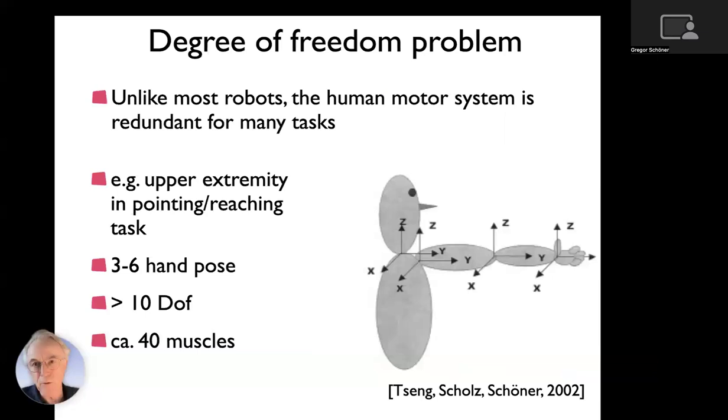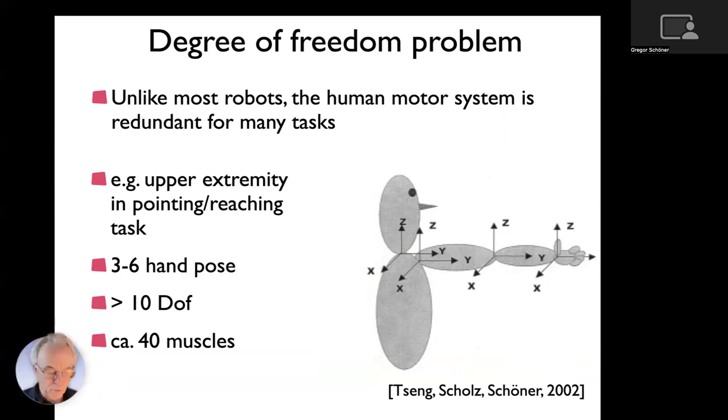There is something called the degree of freedom problem. It's the notion that you would have task demands on your hand, for instance where you point, that would be just one 3D pose of your hand, or its orientation as well. And you would have a lot more degrees of freedom. For instance, very typically, your upper arm as a human has 10 degrees of freedom: 2 at the wrist, 2 at the elbow, 3 at the shoulder, and then the shoulder can move in space around the sternum.